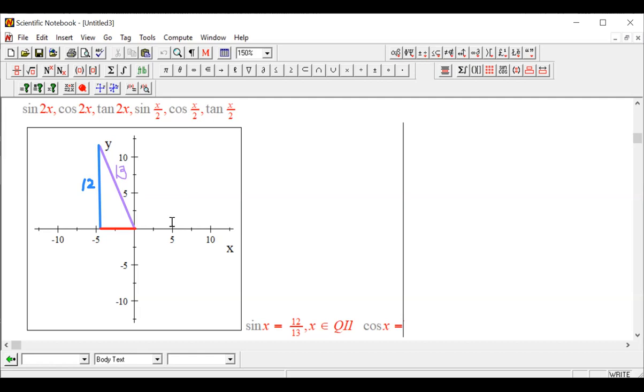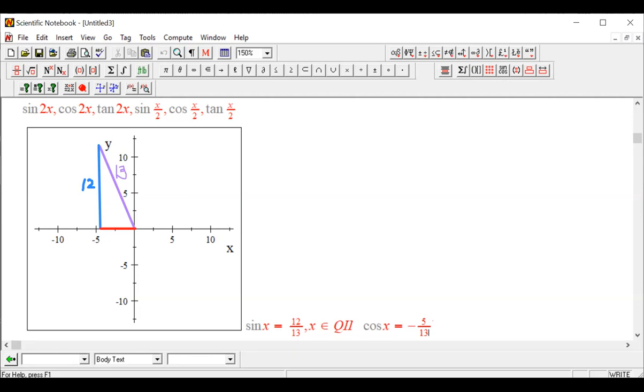Pythagorean theorem. 13 squared minus 12 squared is 25. The square root of 25 is 5. But x is on the left, on the negative side, so cosine x equals negative 5 over 13. I'm going to show you the work about it.